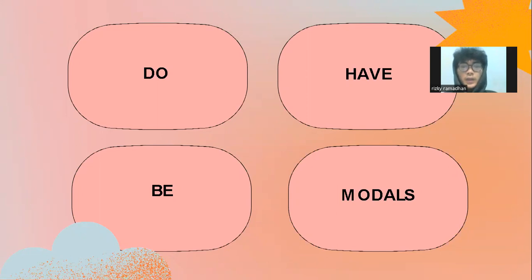Do or does is used for present tense, did is used for past tense, the done is used for past perfect tense. Auxiliary verbs are more often seen in the form of negative sentences, but so often appear in the form of positive sentences. For example, he doesn't understand what I want.